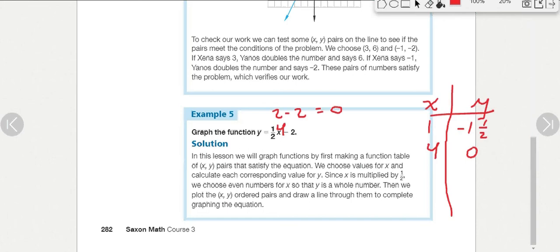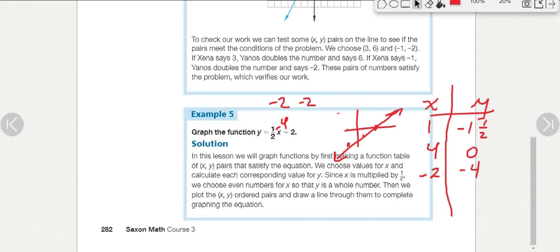Let's try negative 4. Gives me a negative 2 minus 2. This is why we learned how to subtract integers. If you put in negative 2, you get a negative 4. And if we start to graph this, I can just imagine it's going to be like a 1, negative 1 1/2, 4, 0, negative 2, negative 4. It's going to look like this kind of.